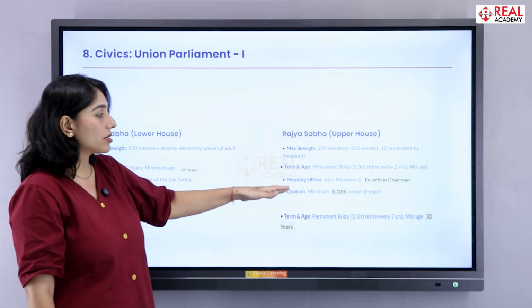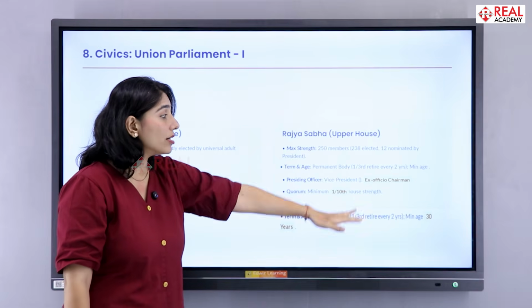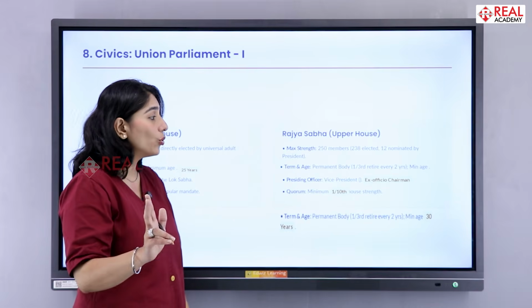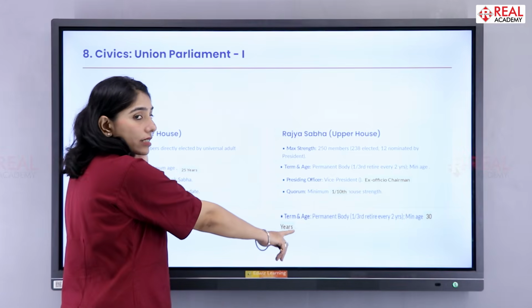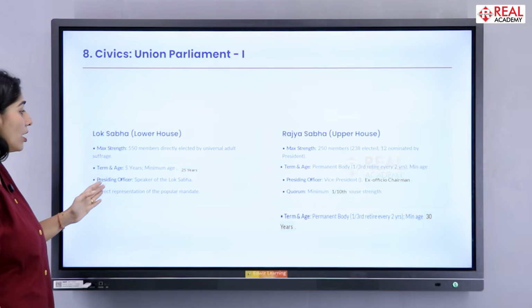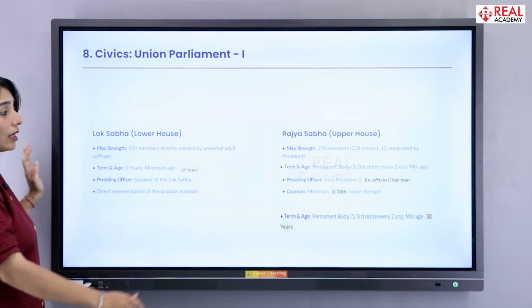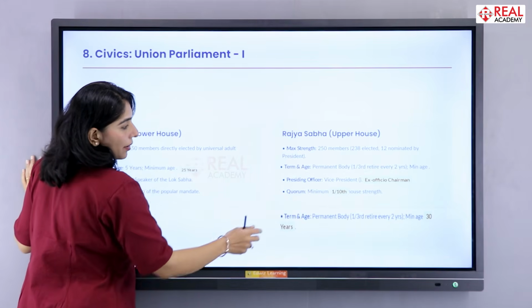When we talk about term and age for Rajya Sabha, it is a permanent body. Hence, 1/3 retire every 2 years. The minimum age here is 30 years. Who is the presiding officer here? In Lok Sabha you have the speaker, and in Rajya Sabha the ex-officio chairman.